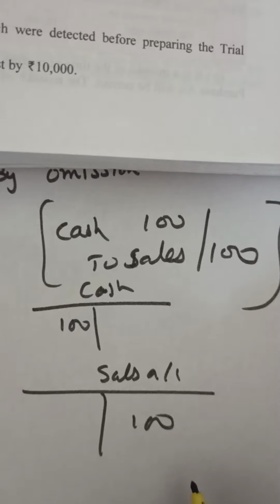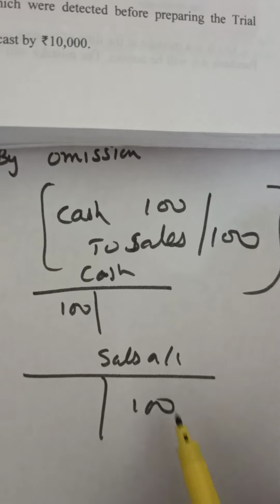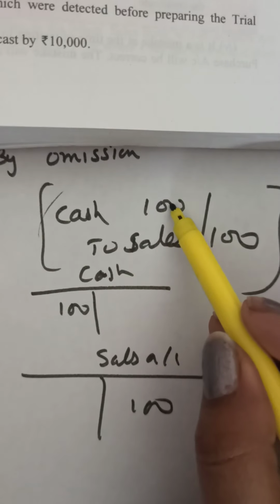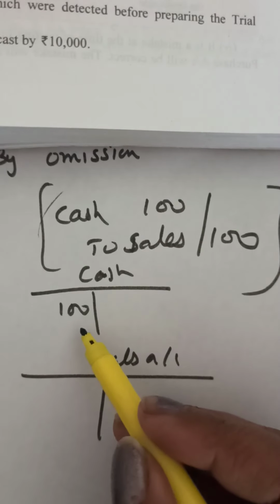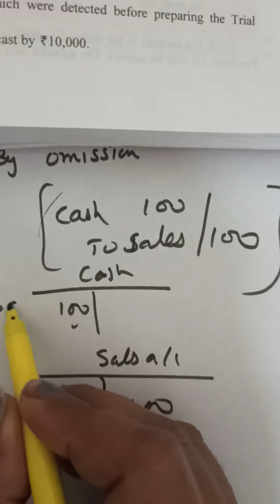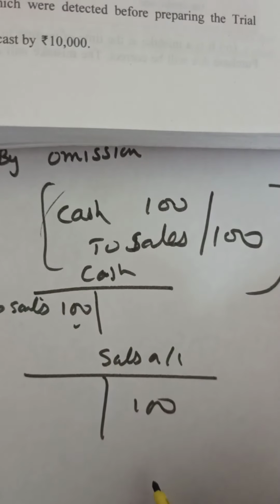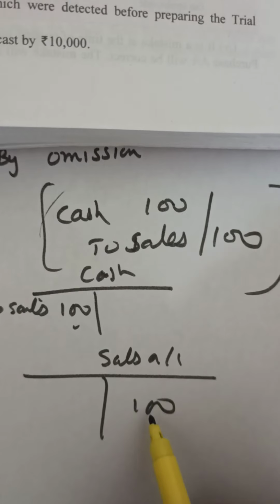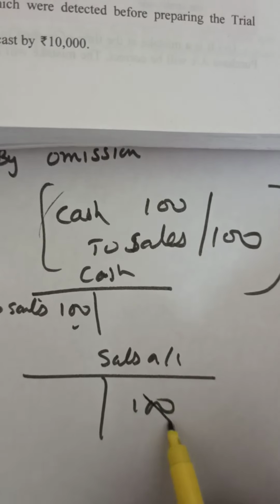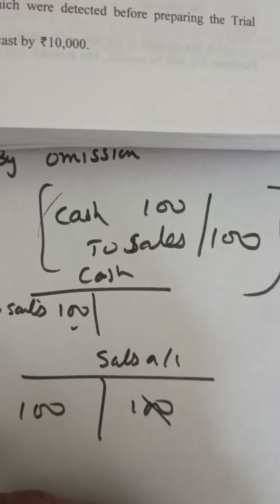Now what has been committed? The entry has been passed correctly. From here, the amount has been correctly posted to the debit side of the cash account, with "to sales". But instead of writing on the credit side of the sales account, I write it by mistake on this side also.